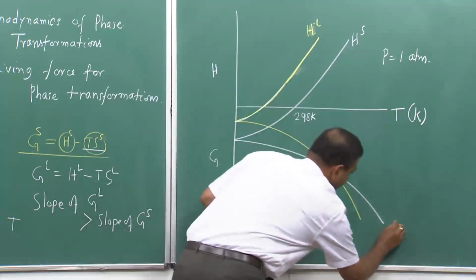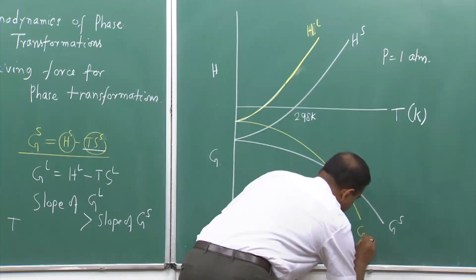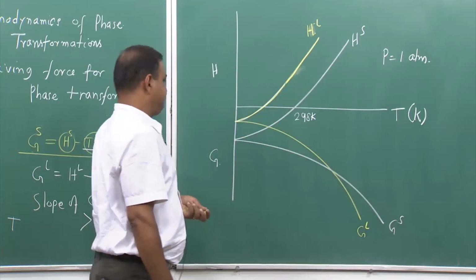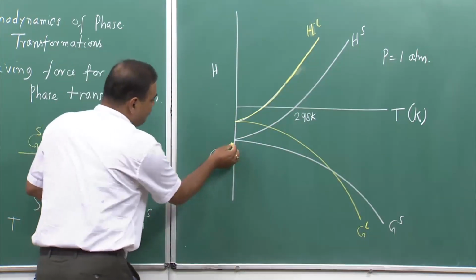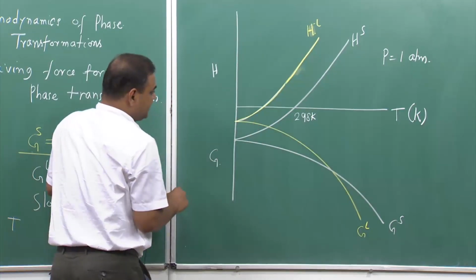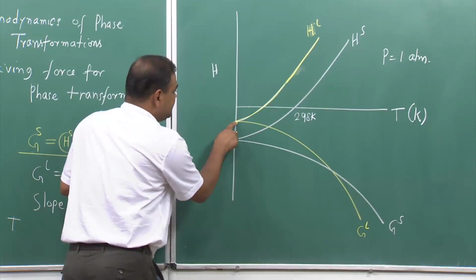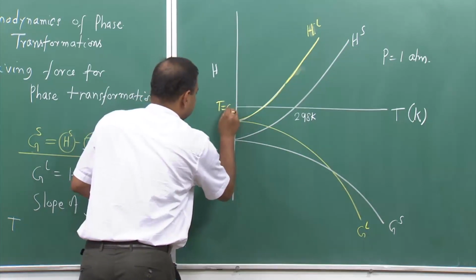So, this becomes my GS, this becomes my GL. And interestingly, one more piece of information: both these lines are emitting from T equal to 0 Kelvin.